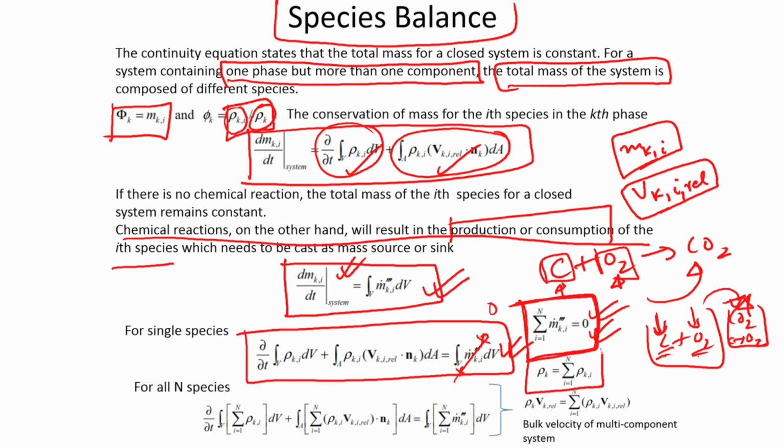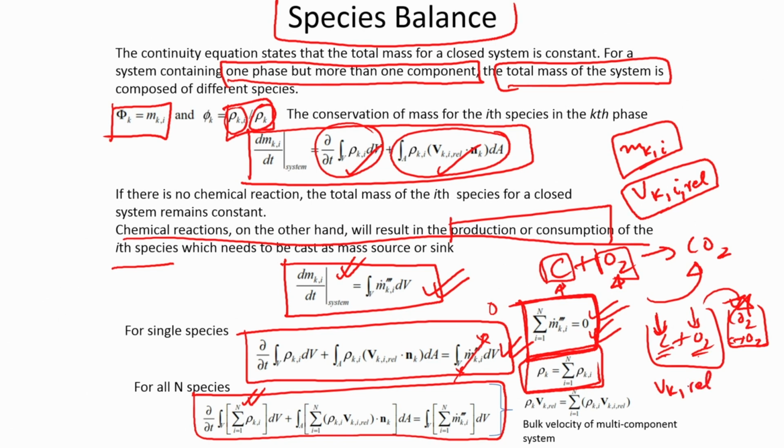And one other thing is that the total density is nothing but the sum total of the densities of all the individual species. So, for all the n species you just need to sum this expression over n. N is the total number of species, not the number of phases though. And this V k relative, which is the bulk relative velocity of a multi-component system, is nothing but density weighted.